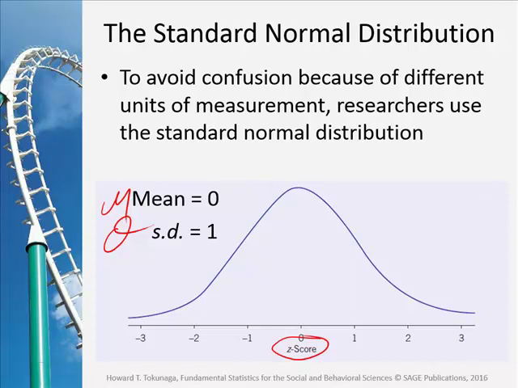You're right, Hampton, my fault. I forgot to explain one very important thing. All of these curves, they have one thing that's the same in each of them. And that's that the area under the curve, no matter what its mean and no matter what its standard deviation, is always 1. That's a constant.